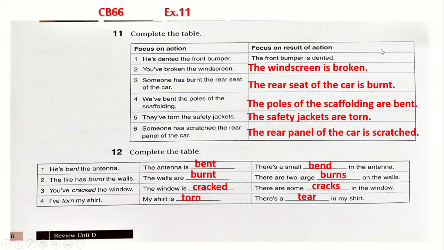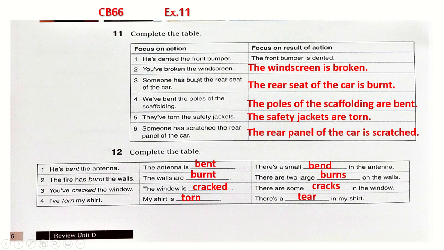Good. So now we have used the passive is and the past participle, or are and the past participle, to describe something and focus on the action, the result of the action.